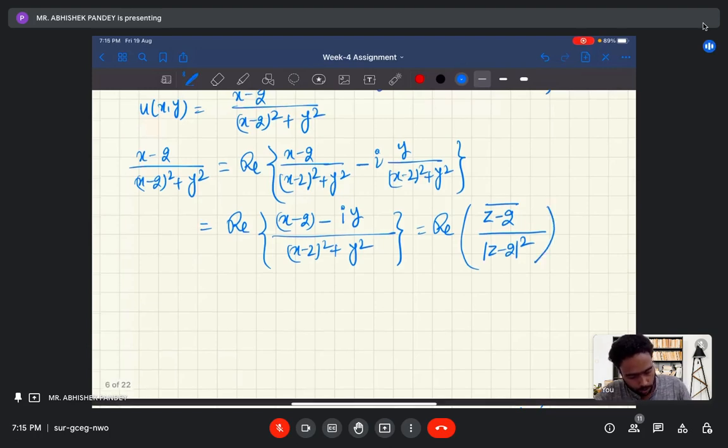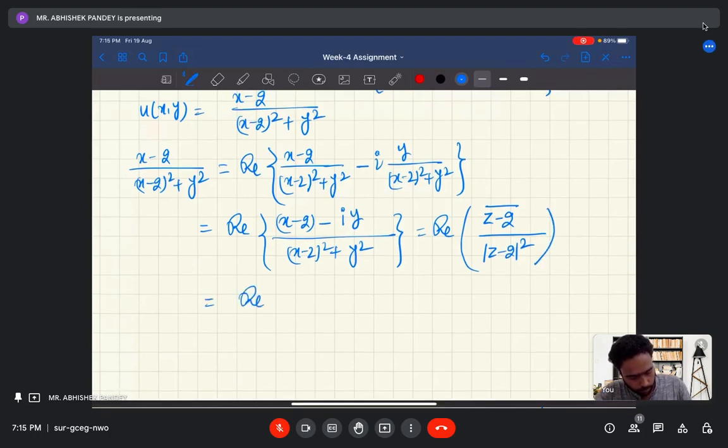So this is the real part of 1 upon (z minus 2). Our domain is |z minus 1| less than 1.